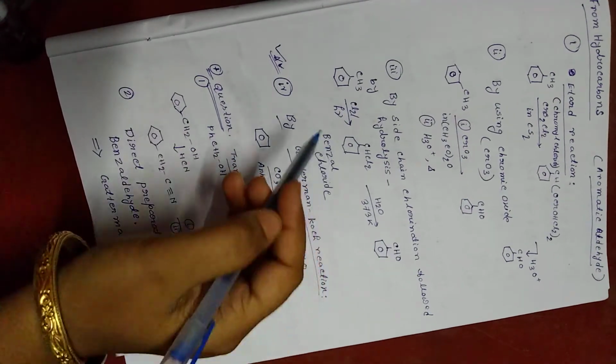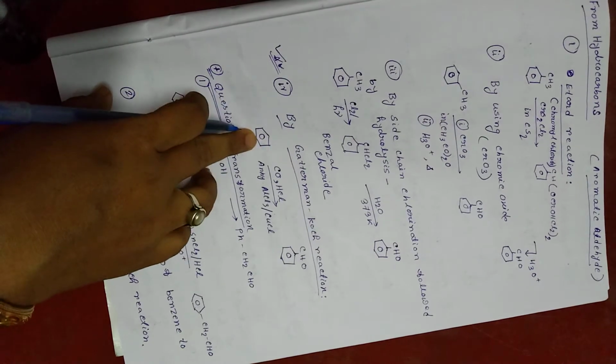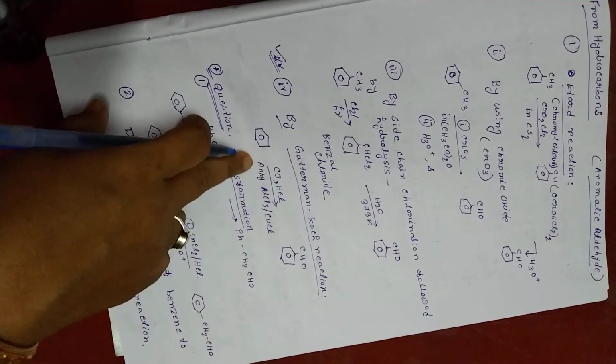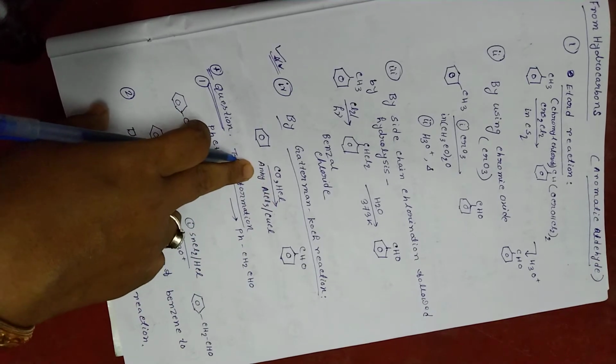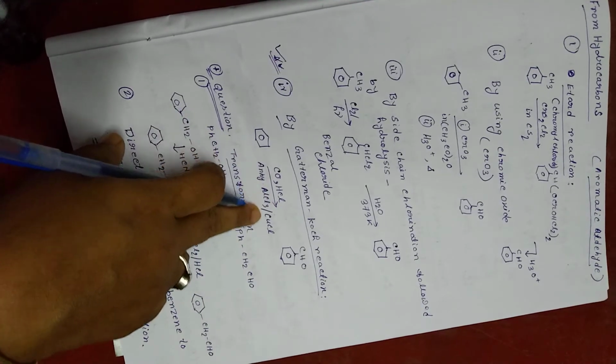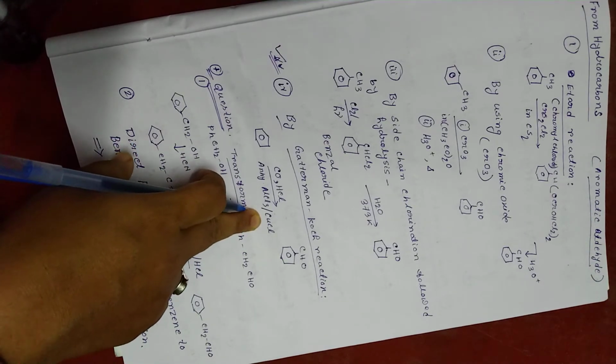Now one very important name reaction is the Gattermann-Koch reaction. It is very important as a direct preparation of benzene to benzaldehyde. We take benzene and use the reagent carbon monoxide in presence of HCl and anhydrous AlCl3 or CuCl.